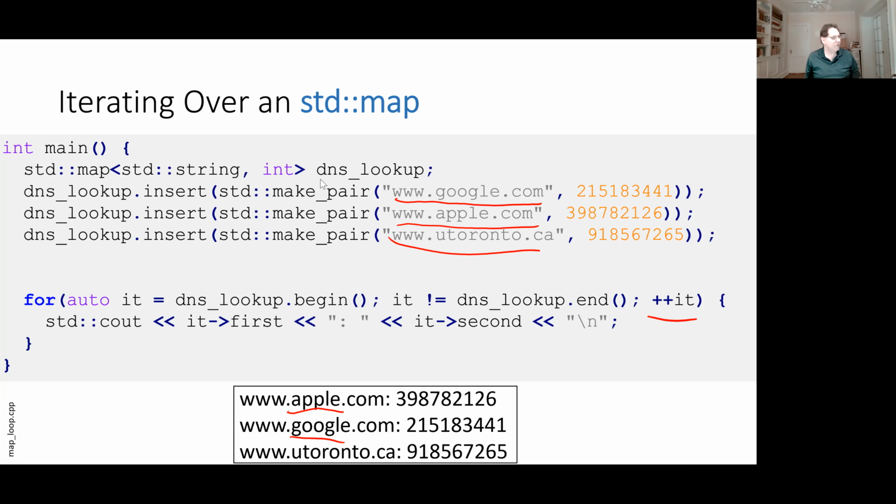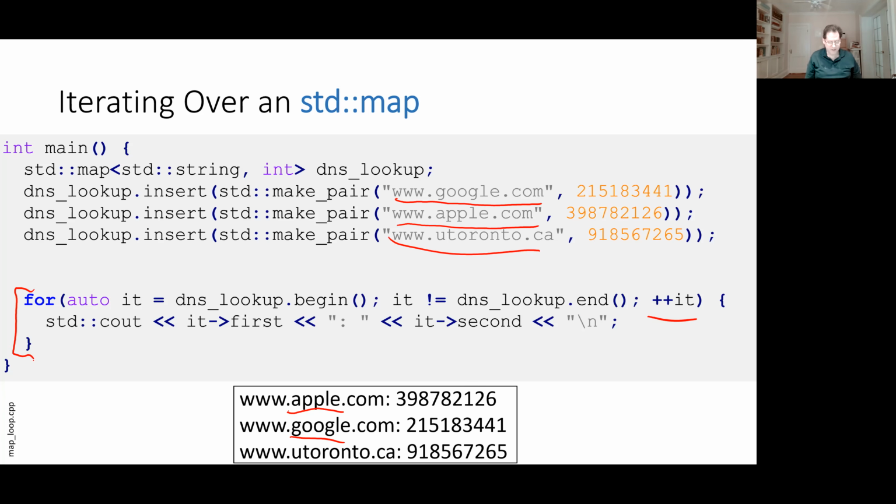Yeah. So remember, it's a sorting data structure, so we're sorting on the key. The default comparison for strings, which is what we're going to use, is the operator less than, which is what the map is going to use to sort, and it's just going to put things in alphabetical order. So that's the way the tree is stored. When we do this traversal, this is an in-order traversal, and it comes out in the sorted order.